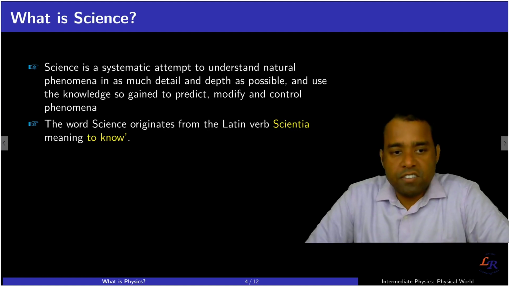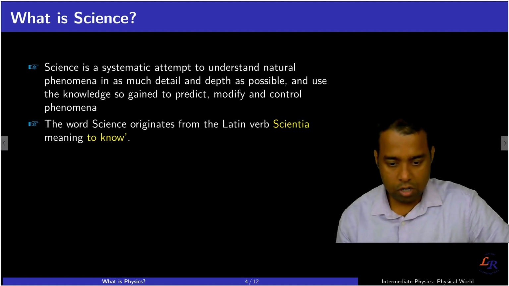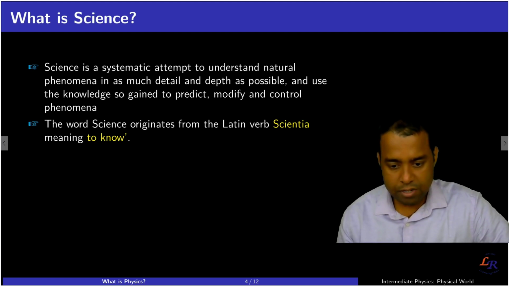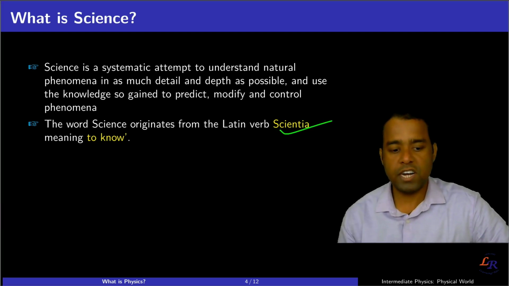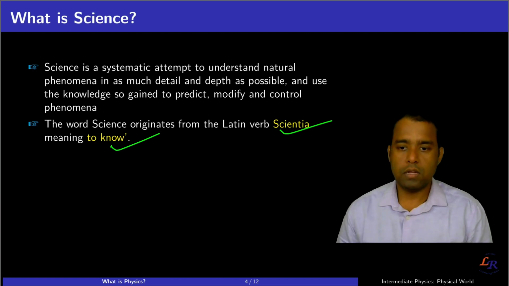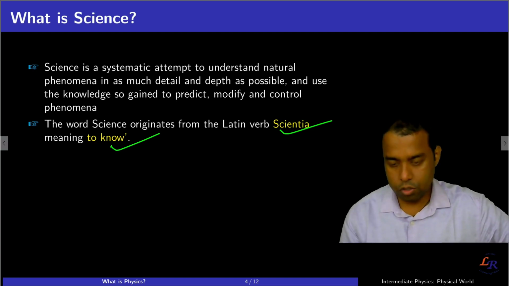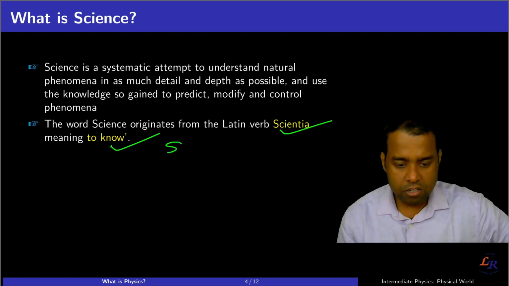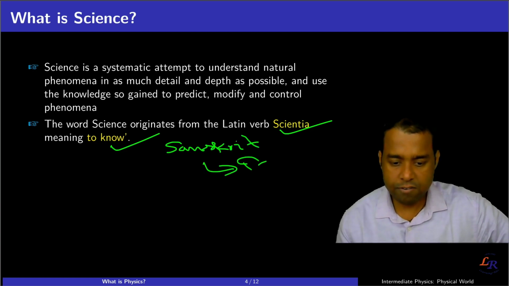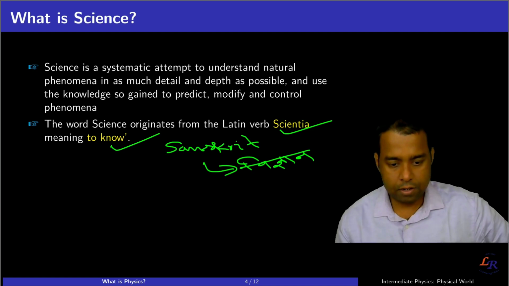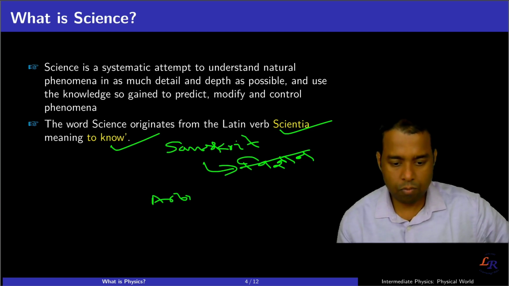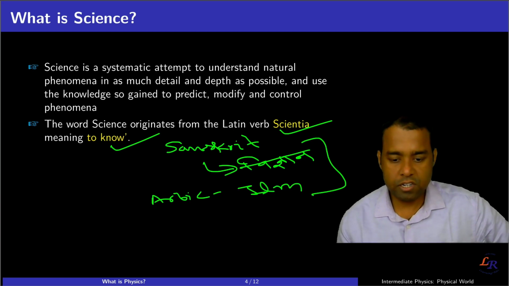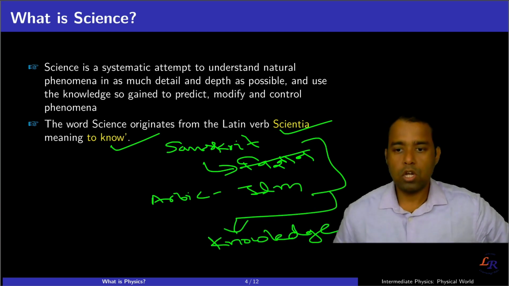The word science originates from the Latin verb scientia. The meaning of scientia is to know. In Sanskrit the word is vigyan, and in Arabic it is ilm. Both mean knowledge.